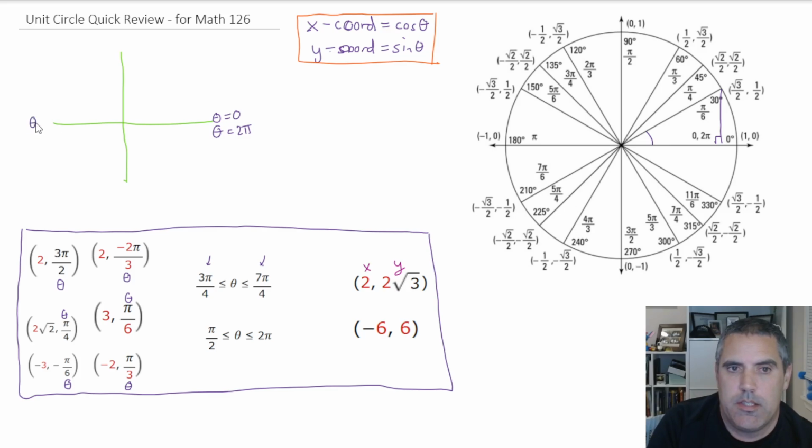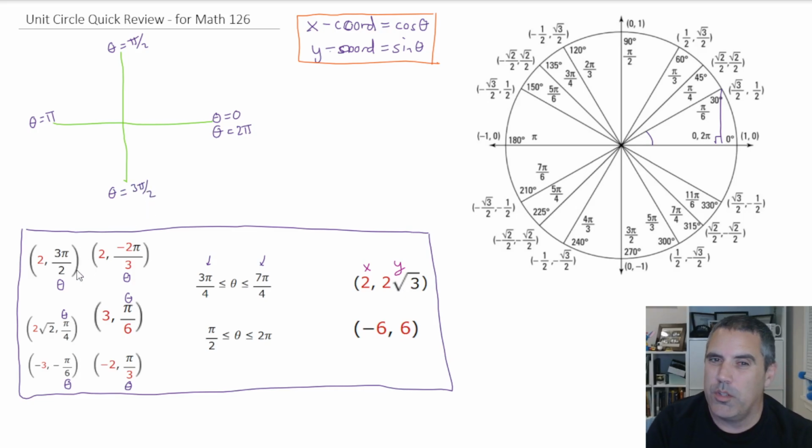So this is pi. And when you're thinking in terms of polar, which we're about to do, the most important angles are these. We want to know those really well, because that's what it means to be an intercept: you're looking in the direction of 0 or pi over 2 or pi or 3 pi over 2. We need to know those really well.